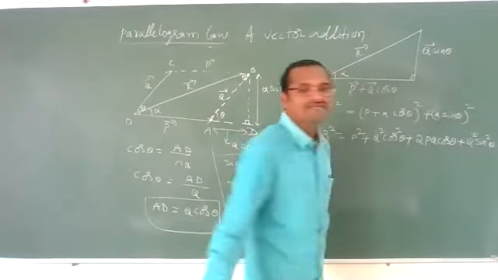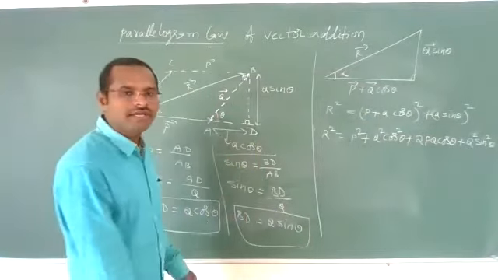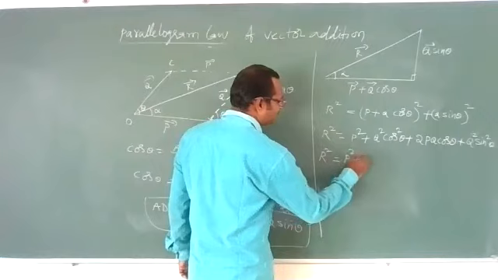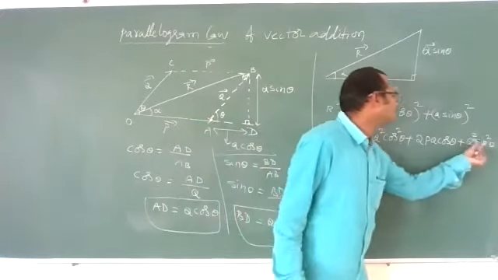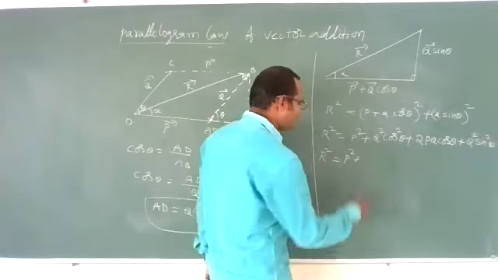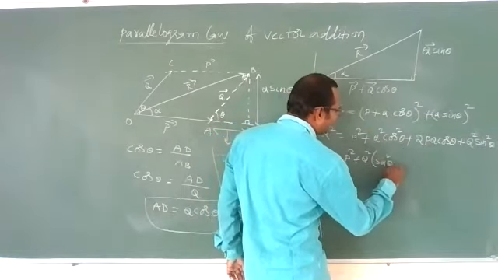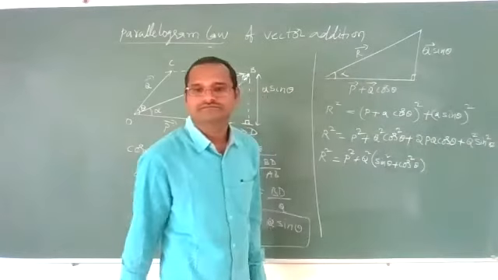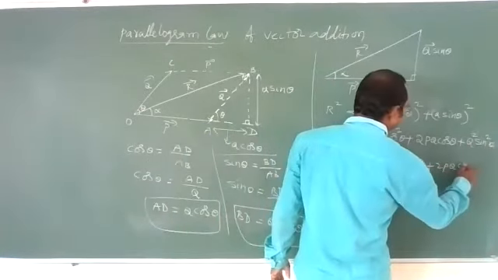In your board exams, you should write in descriptive manner. Then only they will give full marks. Okay? So it will be R square is equal to P square plus Q square cos square theta plus Q square sin square theta. Now from these two I am taking Q square common. You will get sin square theta plus cos square theta, plus 2PQ cos theta.